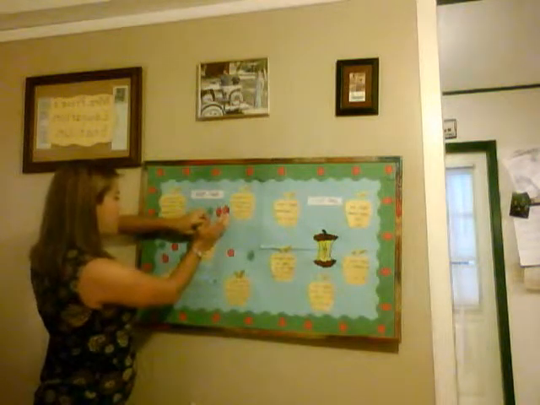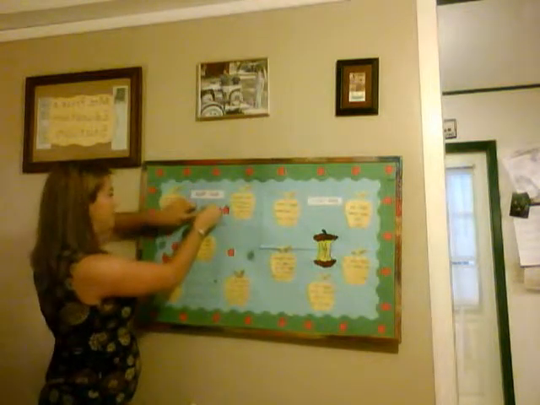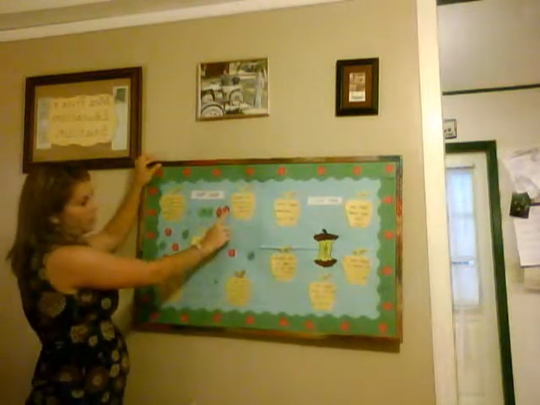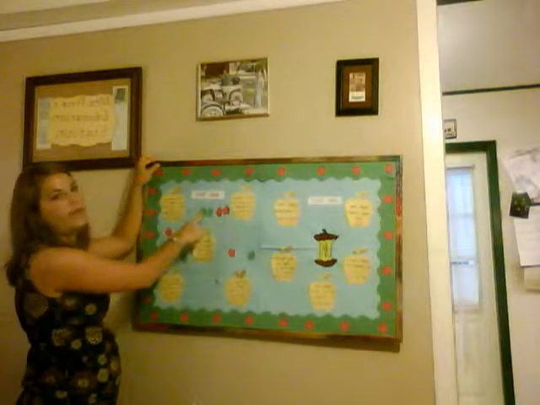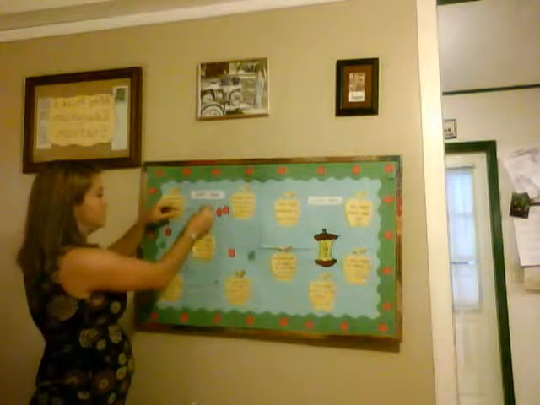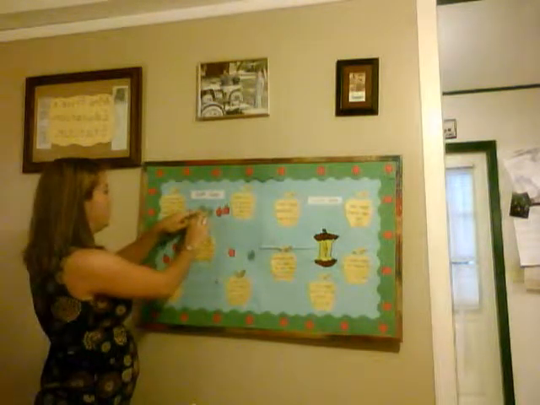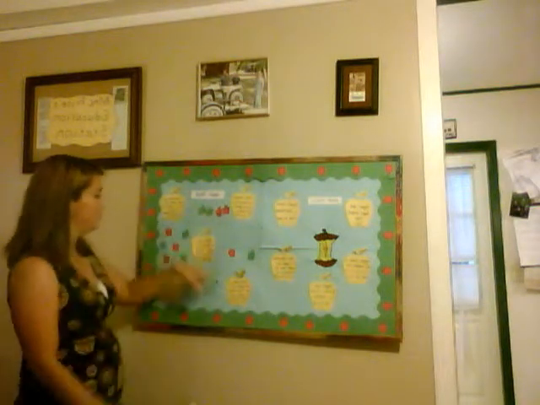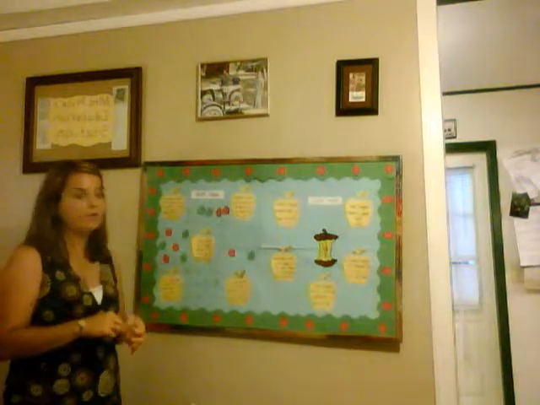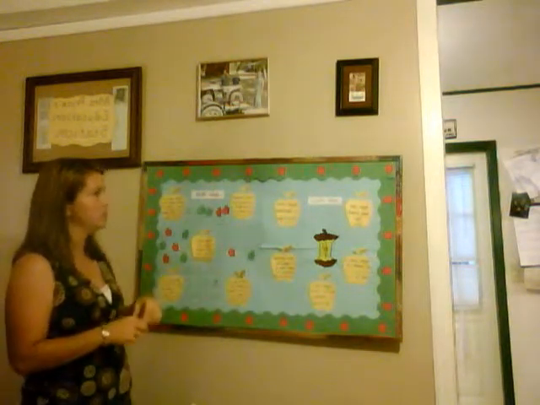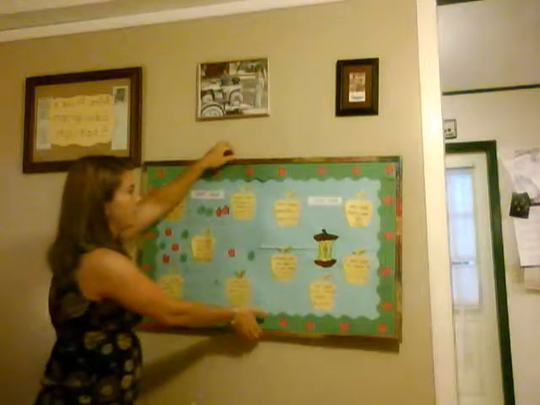And then that way all they have to do is count 1, 2, 3, 4, and then write in the number 4 for their answer. And I also have one word problem for each day of the week. So we could also do this each morning. Let me take this down.